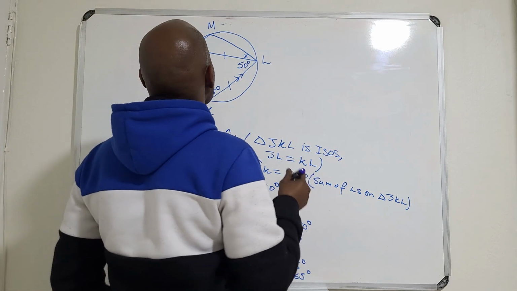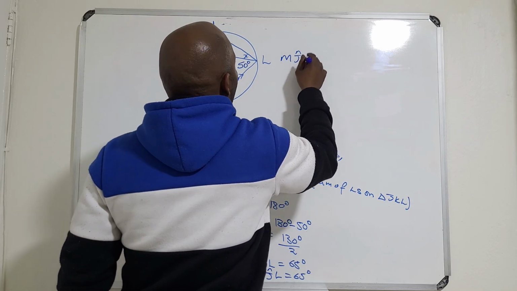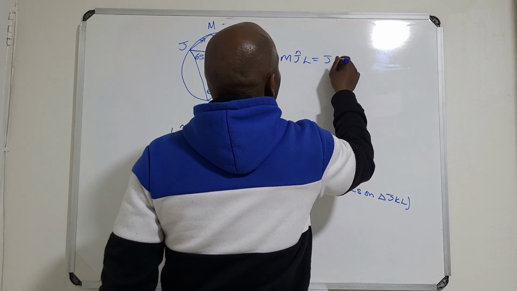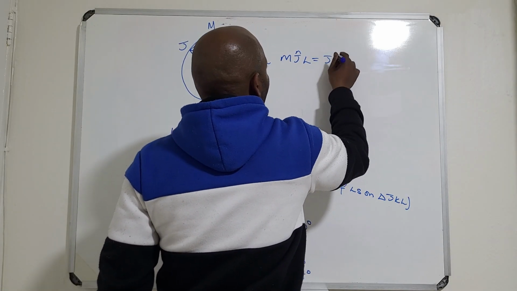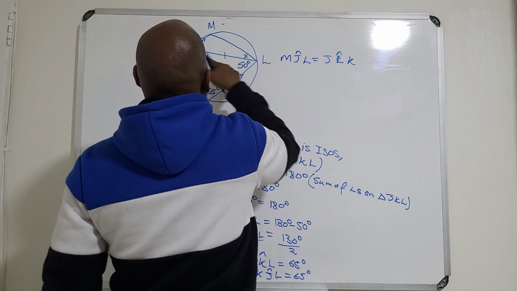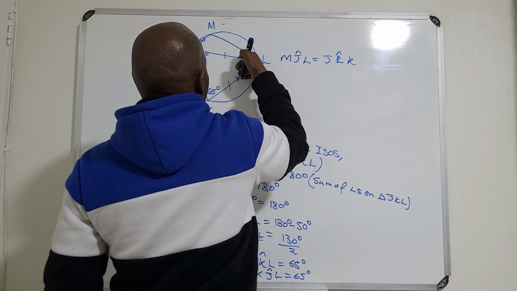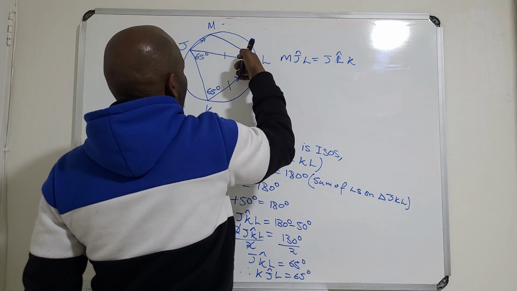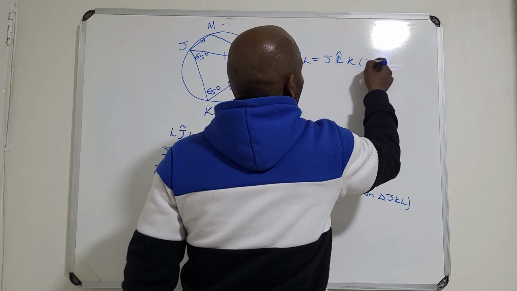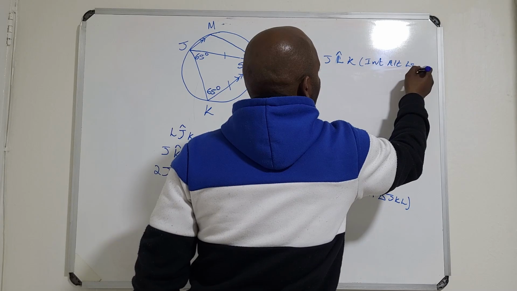Therefore, it means that angle MJL is equal to angle JLK, which is this angle there. Therefore, this angle is equal to that angle. Reason: interior alternate angles.